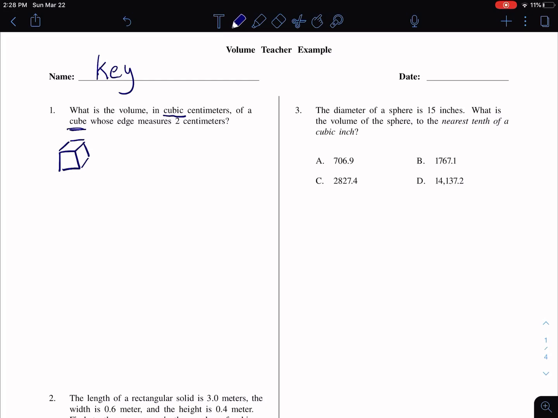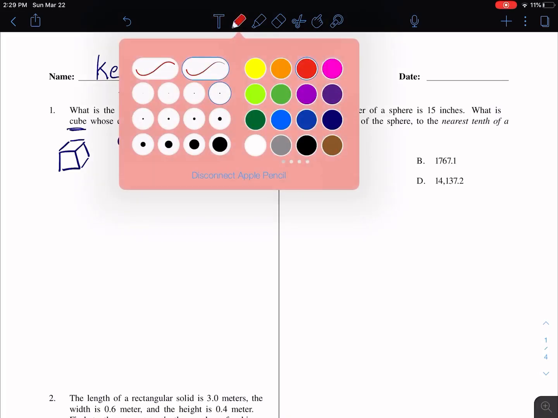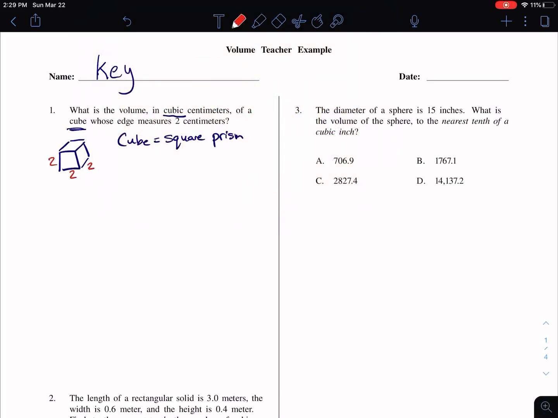You'll notice volume of a cube was not on our sheet, but a cube is really just a square prism. We have these regular prisms, but it's a prism in which the side is a square. For us, each side just happens to be 2.